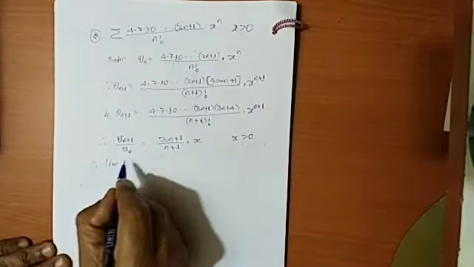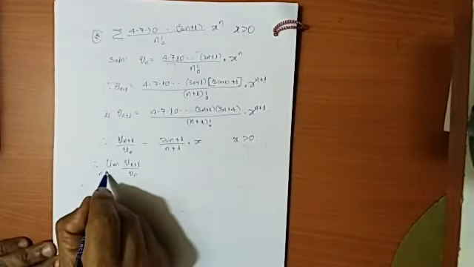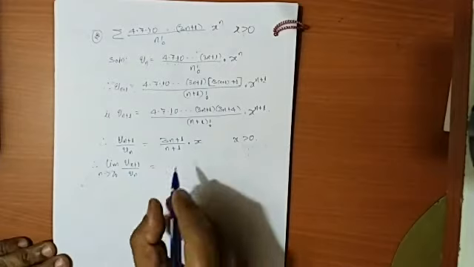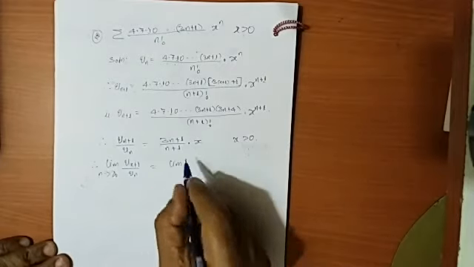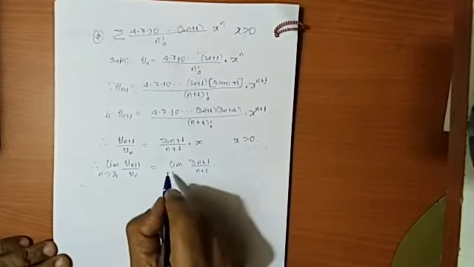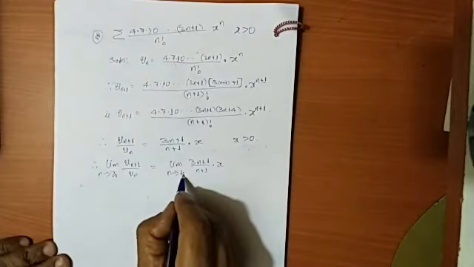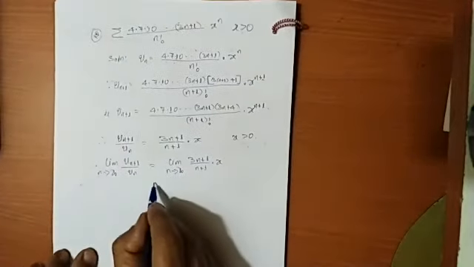Therefore, limit of u_{n+1} over u_n as n tending to infinity will be what? It is limit of 3n plus 4 over n plus 1, times x, as n tending to infinity. So how to evaluate this?